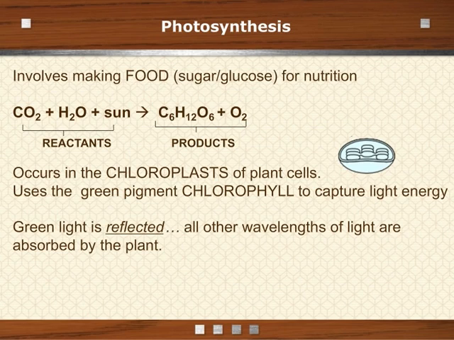These cells also have the green pigment chlorophyll, which captures light energy. Write that in on your graphic organizer beneath the section where you are asked for the organelle.